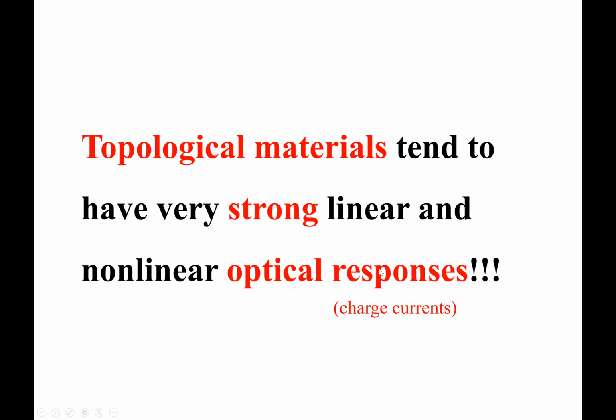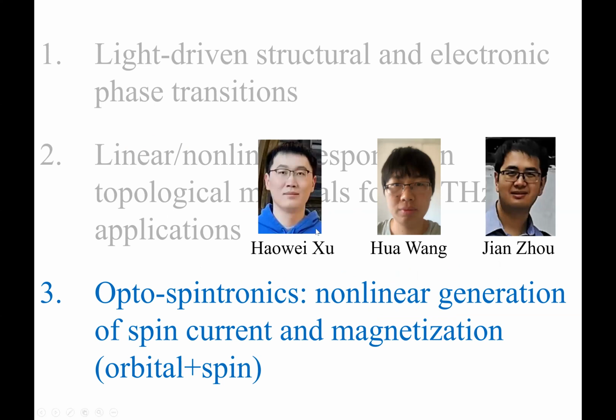So the take-home message is that topological materials can generally have very strong interband transitions and very big linear and nonlinear responses, especially if you design a big joint density of states. These are generally charge currents, charge responses. In the last section, I'm going to generalize this BPVE to spintronics and also to magnetism.